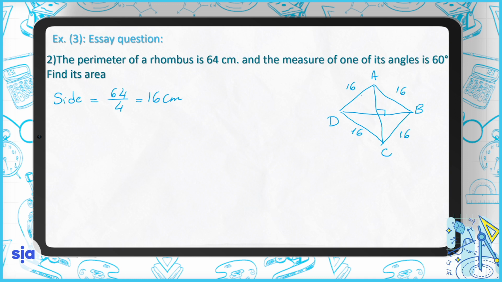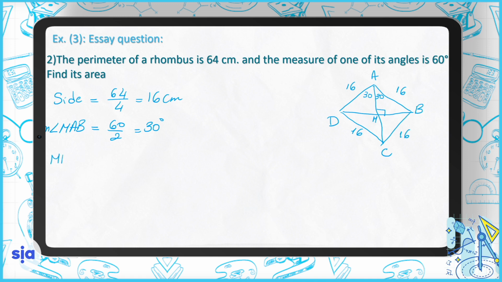So if angle DAB is 60 and the diagonal bisects the angle, each part will be 30. So the measure of angle MAB equals 60 divided by 2, which is 30 degrees. And this is point M.